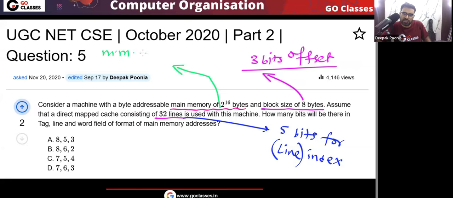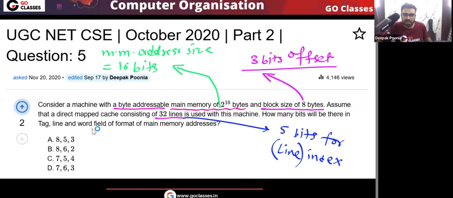Because in the main memory there are 2 power 16 bytes, and every byte has an address, to address a byte we need 16 bits. So the main memory address size is equal to 16 bits.